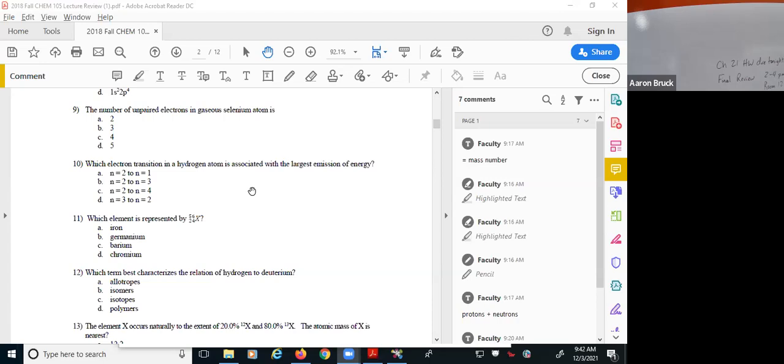Those are allotropes. Hydrogen and deuterium are isotopes. I made mention of this briefly on Wednesday. The 3 different isotopic forms of hydrogen are interesting, they're different because they actually are given 3 different names. Hydrogen for hydrogen 1, deuterium for hydrogen 2, and tritium for hydrogen 3.